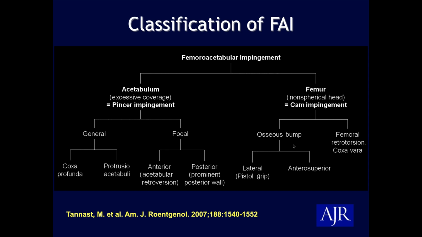And on the femur, you can have a bump. If it's superior, it's called a pistol grip deformity, which we'll see. Anterior superior is more common in sports injuries. And then you can also get a femoral retrotorsion, which we'll talk about, which can also lead to CAM-type impingement.